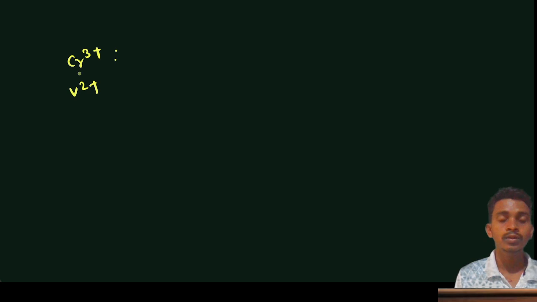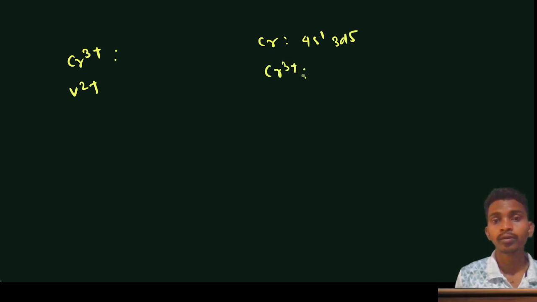If you see chromium 3 plus, for chromium the electron configuration is 4s1 3d5. So chromium 3 plus will be 3d3.